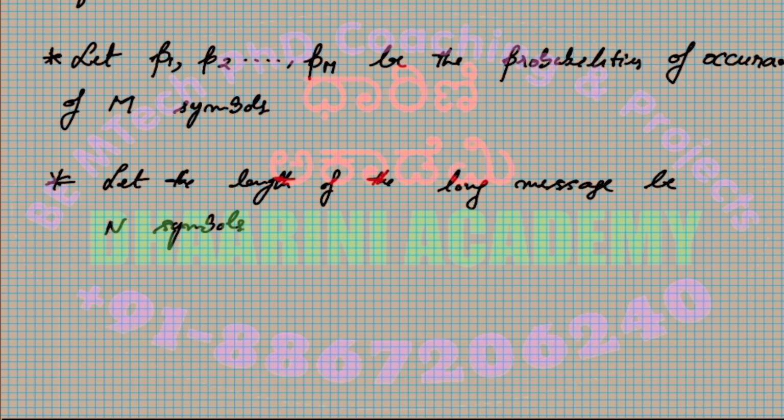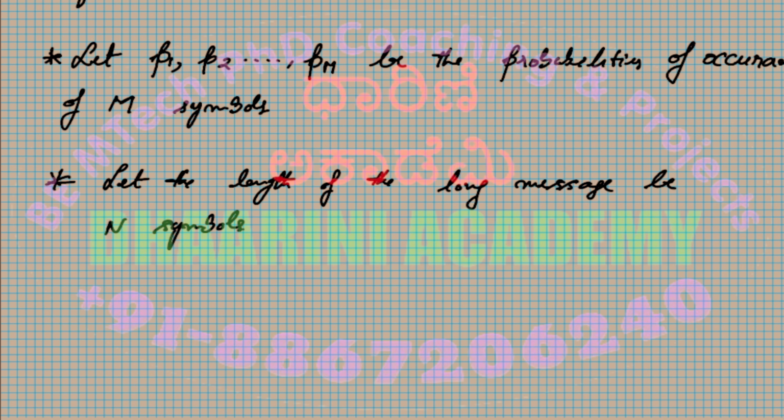Say P1, P2, P3 up to PN are the probabilities of the English alphabets A, B, C, D up to Z, maybe all in capitals. P1 is the probability of A, P2 is the probability of B, and PZ is the probability of Z. So you have 26 symbols. Out of the 26, you might not use all of them.